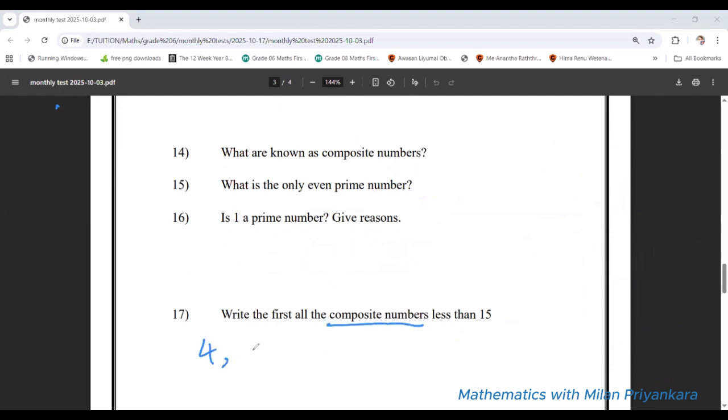Then 4, 5 is prime, and 6. 7 is prime, and 8, 9, 10, 11 is prime. So 12, 13 is prime, then 14. Okay, less than 15. Therefore, we can write only these numbers, right? Okay, so I hope you understand all this.